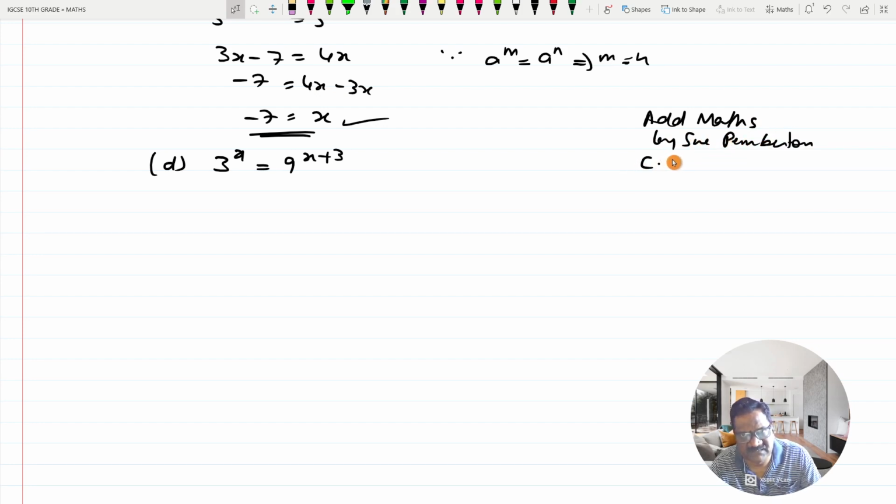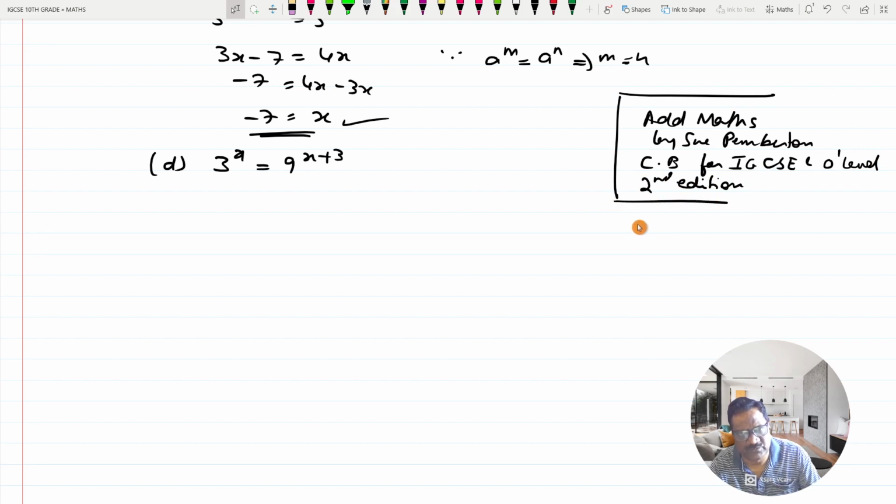This is a course book for IGCSE and O levels. This is the second edition, the latest one. I am on exercise 3.2 of chapter number 3, and I am on page number 54.